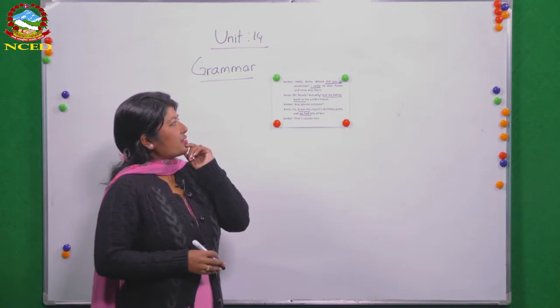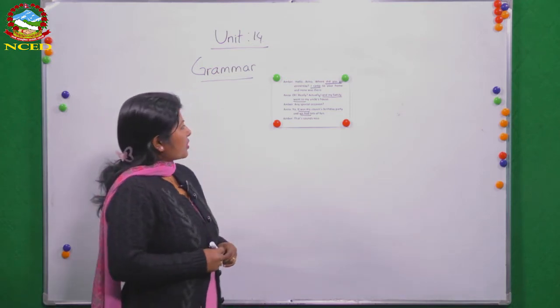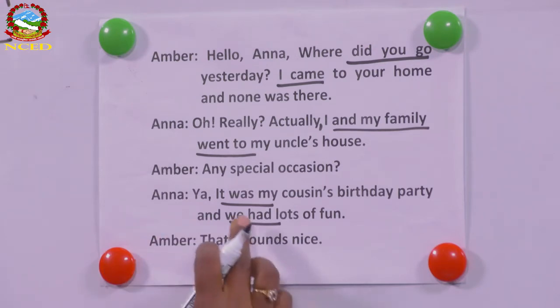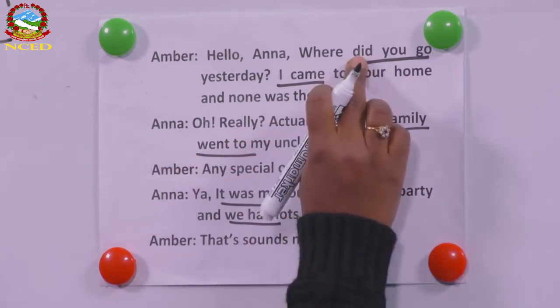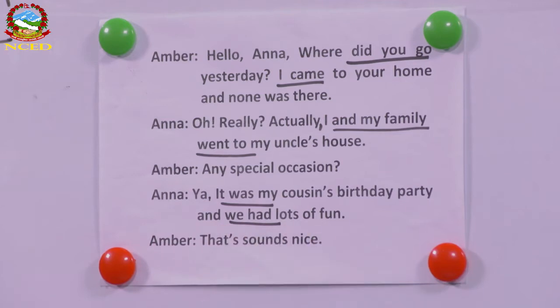So, what kind of structure do you find here? There is the structure of verb two: went, did you go, it was, we had.